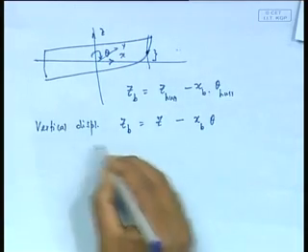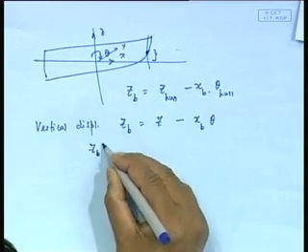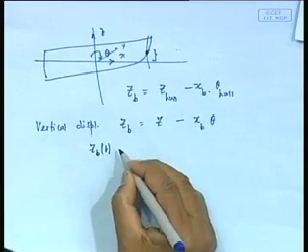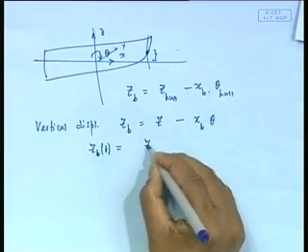Now, ZB(t), let me put the full thing here, is going to be equal to Z. What is Z?